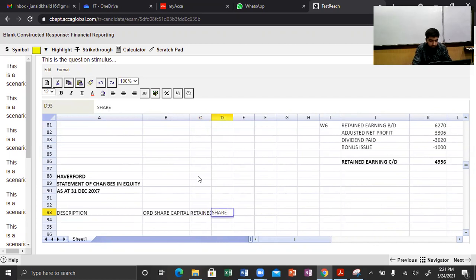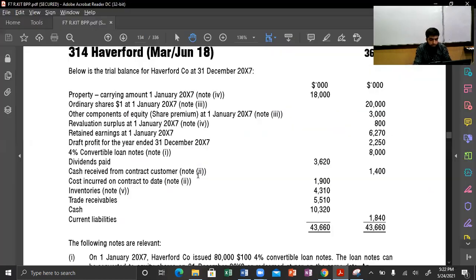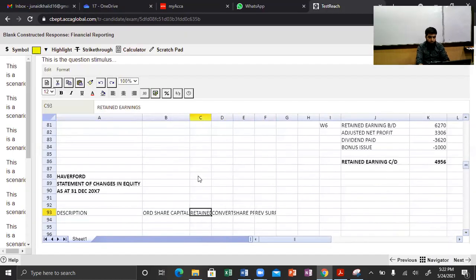Share premium account, sorry, convertible option, that is also the part of your shareholder equity. And share premium, although the closing balance is zero, but still it was the part of your balance sheet earlier. Share premium account, revaluation surplus. And if there is any other equity component, it is share premium, revaluation surplus, retained earning account, and that's it. There are no further account balances.